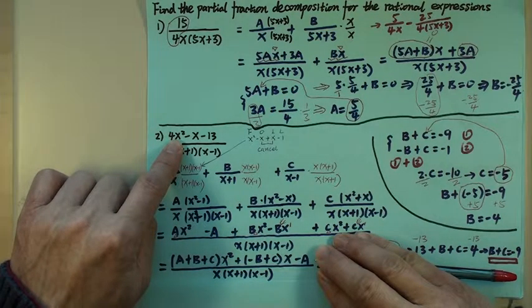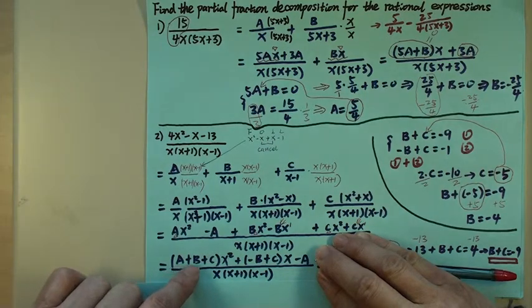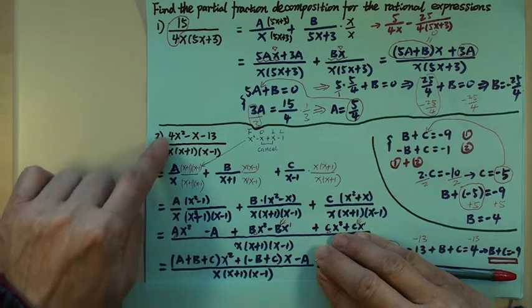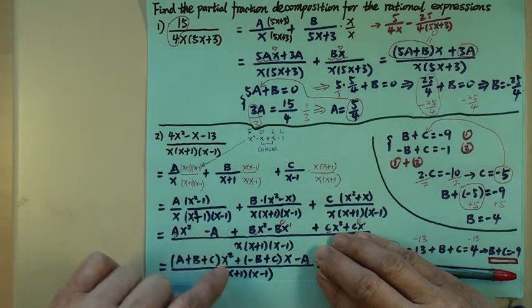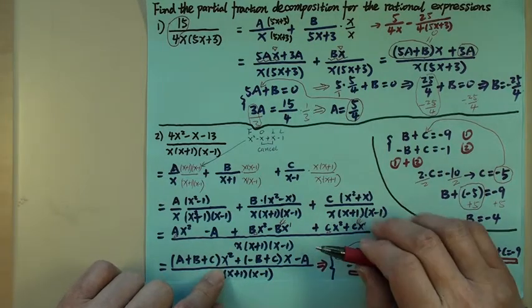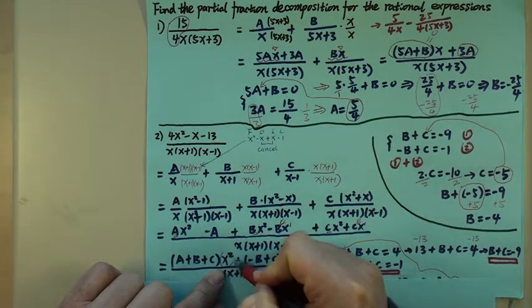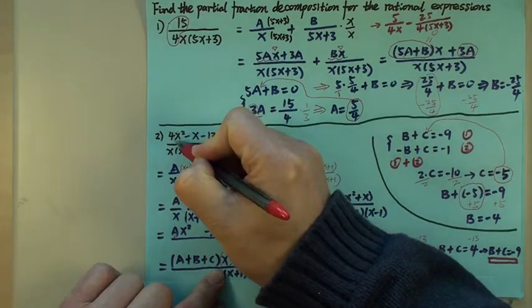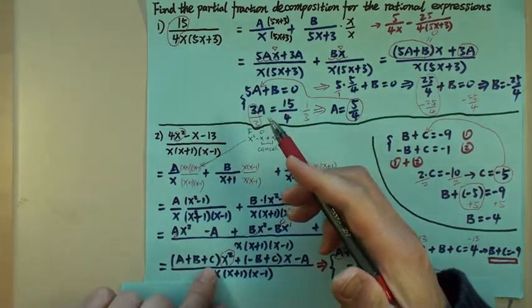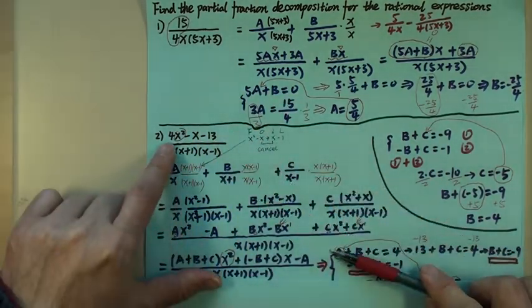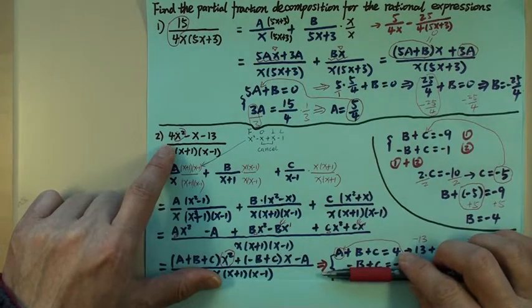After we get this far, we then compare with the original one. The original one has x squared with coefficient 4, so a plus b plus c must equal 4. So this is how we get the first equation.